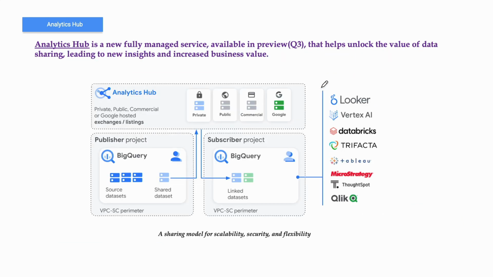Another interesting service which has recently been announced is Analytics Hub. It's supposed to be available in preview in Q3. So this is meant to solve the problem of sharing and exchanging data, especially with other organizations, because that's a really big problem, right?